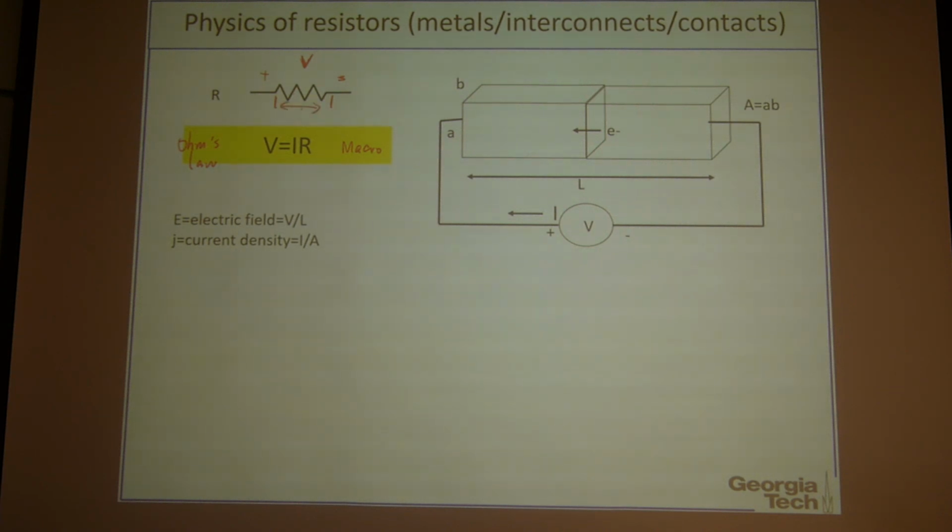So if you have the distance L, then the electric field is the voltage divided by L. And also the current density is defined as the current divided by the cross-sectional area A of that resistor. Or you think of this as a piece of metal with sides A and B, then your area is A times B. That is the cross-sectional area.